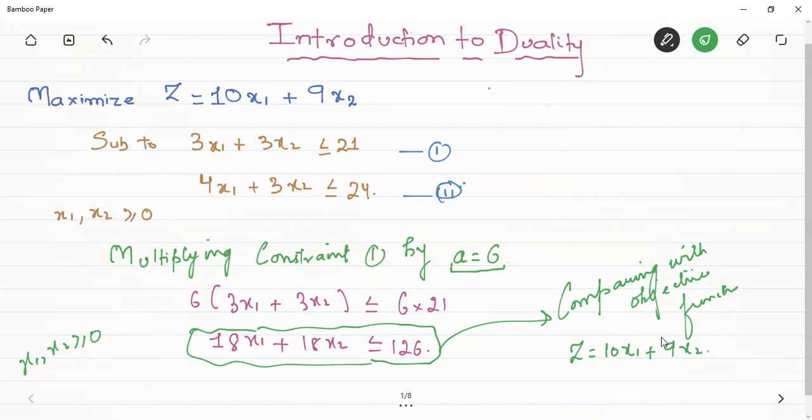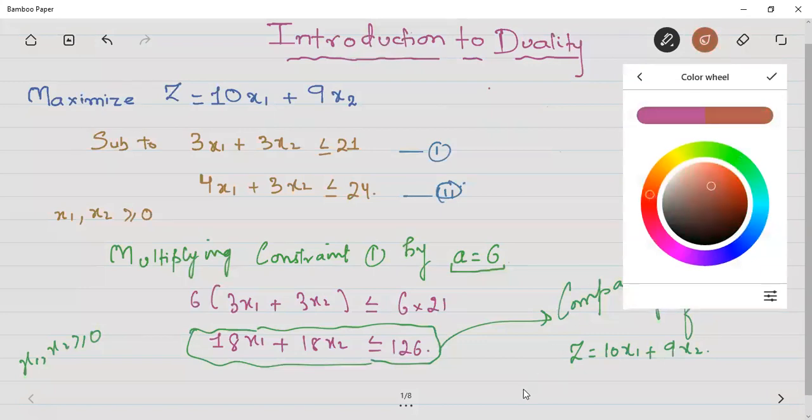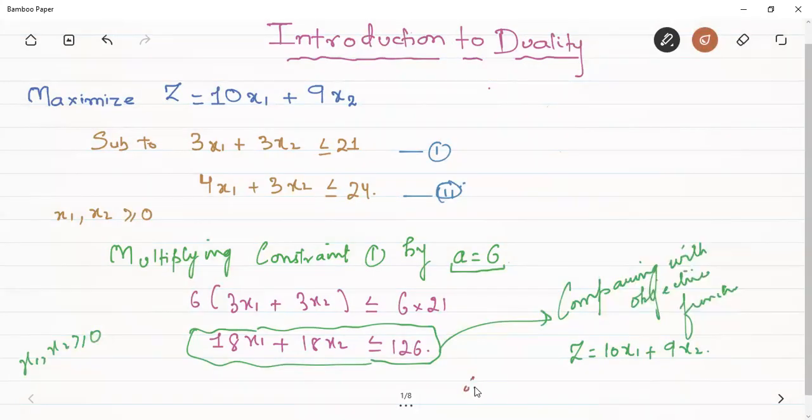The coefficient of x2 here is 9, there it is 18. Both coefficients are greater, therefore 18x1 + 18x2 is greater than 10x1 + 9x2. So if 18x1 + 18x2 ≤ 126, and 10x1 + 9x2 is less than 18x1 + 18x2, we conclude that z will also be less or equal to 126.